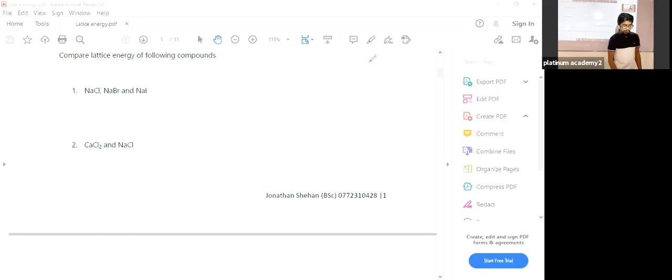So let's write down. The charge of calcium, Ca2+, is greater than Na+.